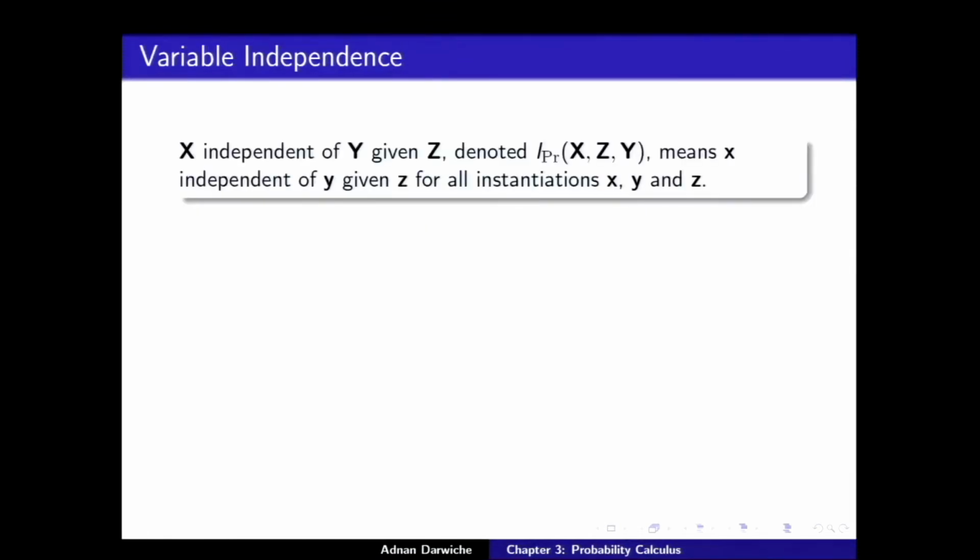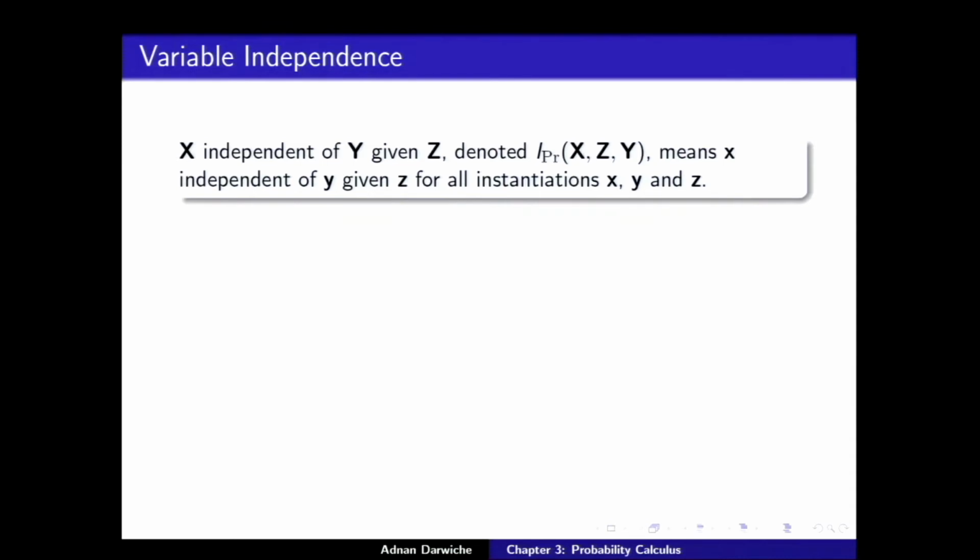Now I need to tell you one more thing about notation, because next week when we start talking about Bayesian networks, we're going to have a new class of statements about independence. What we've done so far is that alpha, beta, and gamma are propositional sentences.